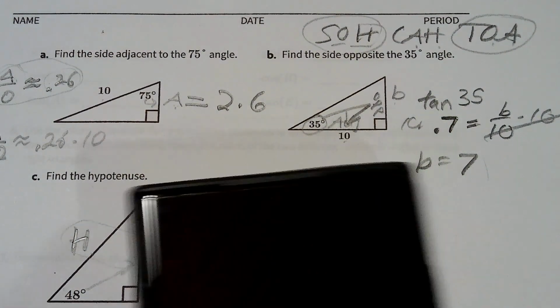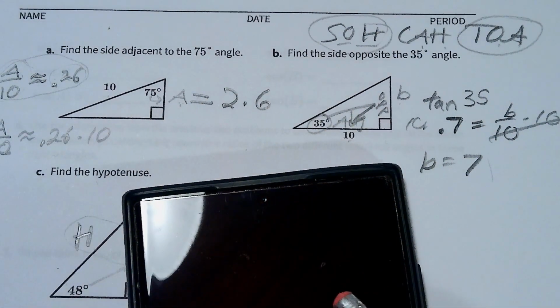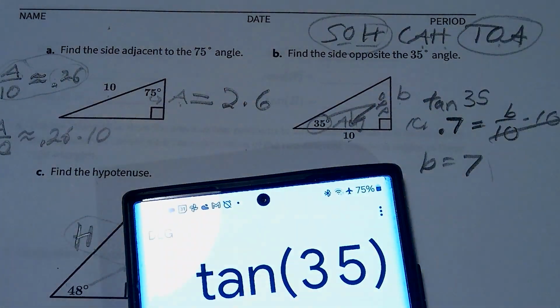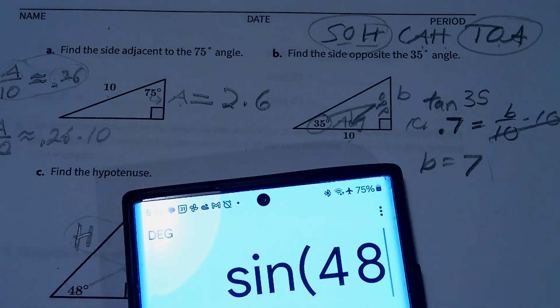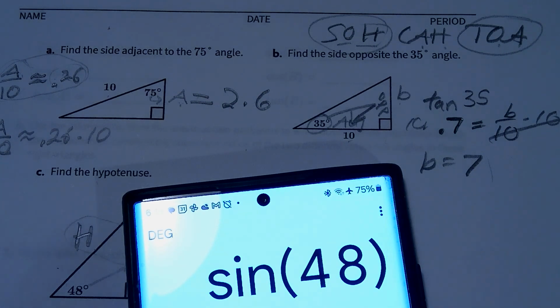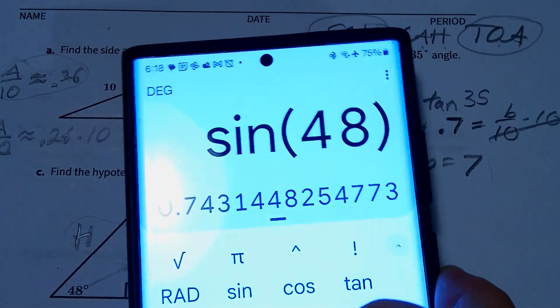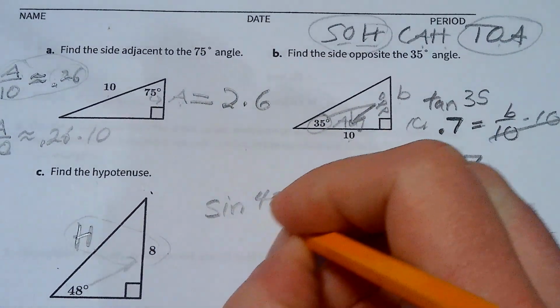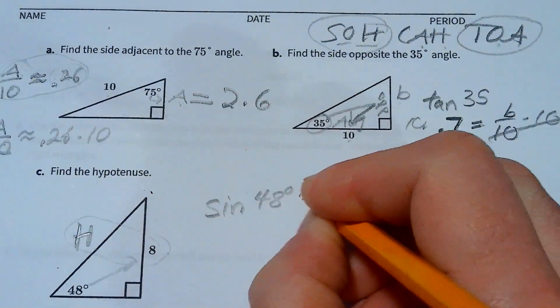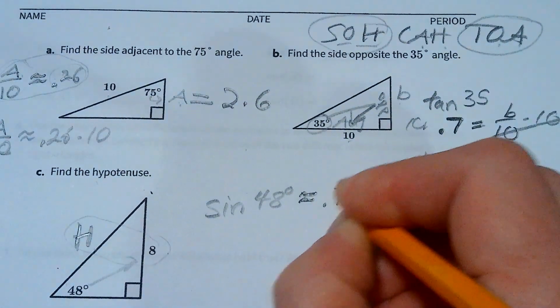Look it up. 0.74. Oh, 0.74. Really bad at approximate.